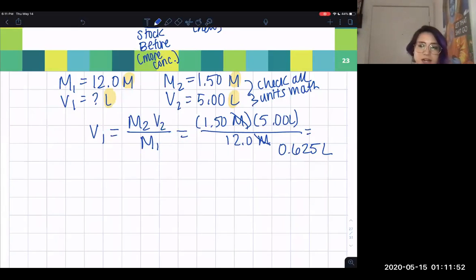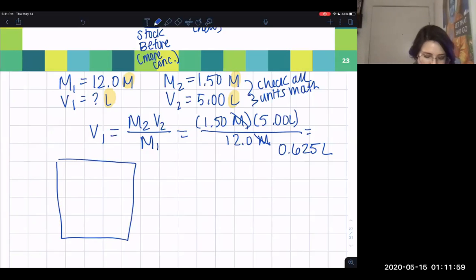So the question asks you, how do you make this? So in my container, I'm going to pour in 625 milliliters, or 0.625 liters. Okay, so here's my 0.625 liters. And right now, this is 12 molar.